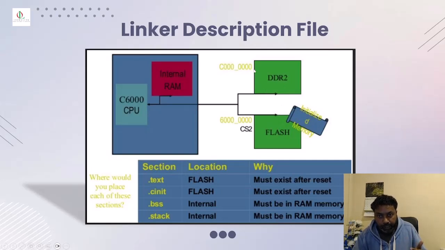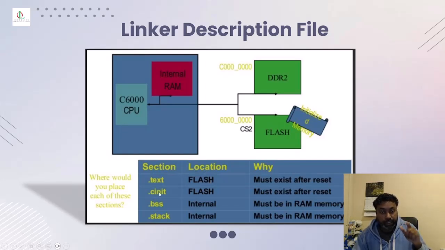It will have a starting address and an ending address. So whenever you assign some data to variables, these are all the sections where it will go and be located. The .text that you see from the previous slide sits in the flash location.